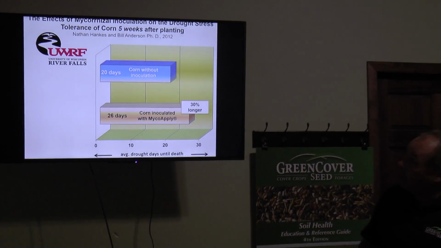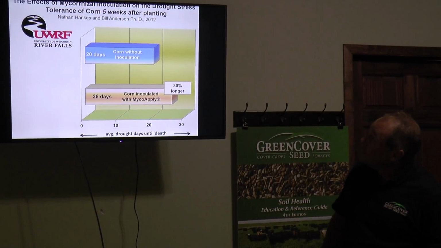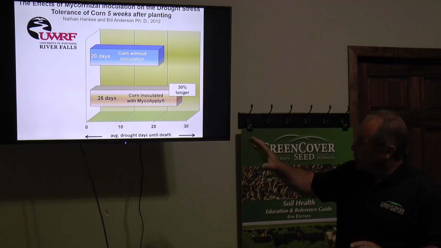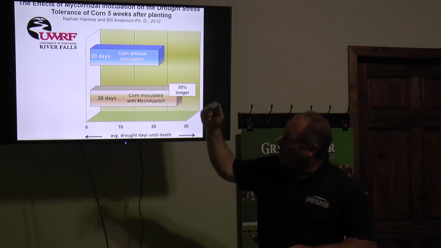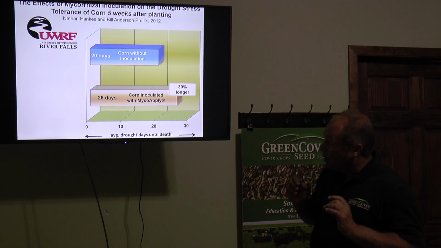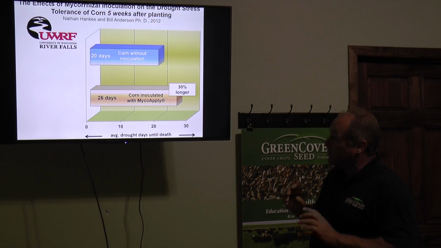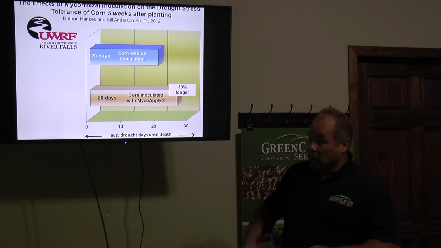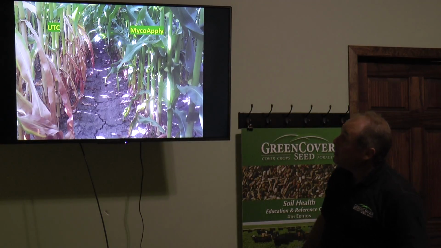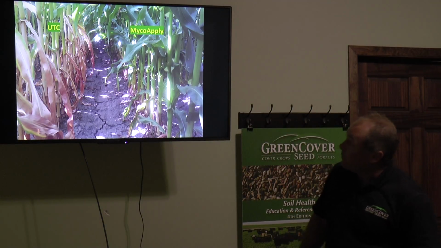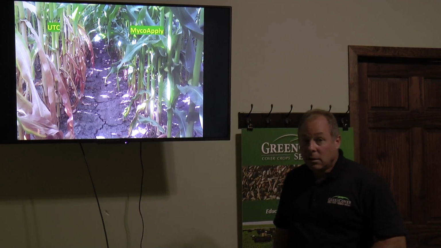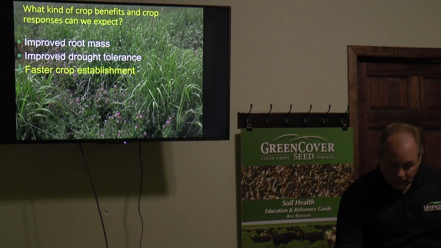Here's a study done at the University of Wisconsin, River Falls, and you can see they took inoculated corn plants and corn without mycorrhizal fungi, deprived them of water, and measured the days until each plant died. The inoculated plants lasted 30% longer. And you can see, here's a photo from a field, side by side, untreated plants, treated plants, quite a bit better vigor.